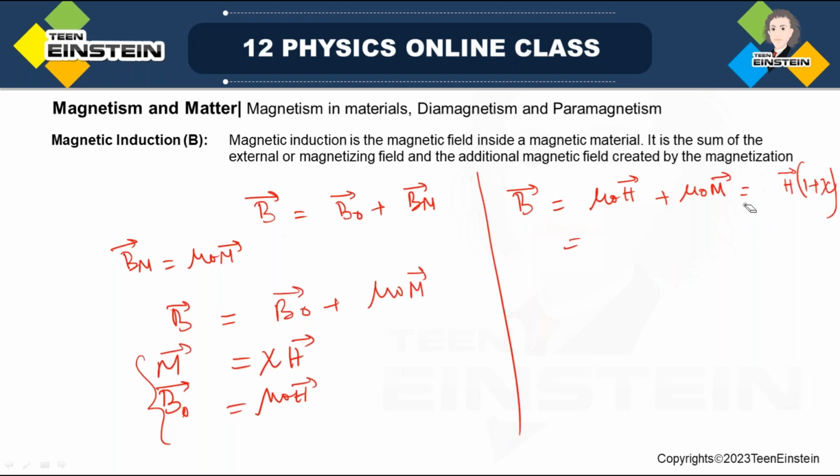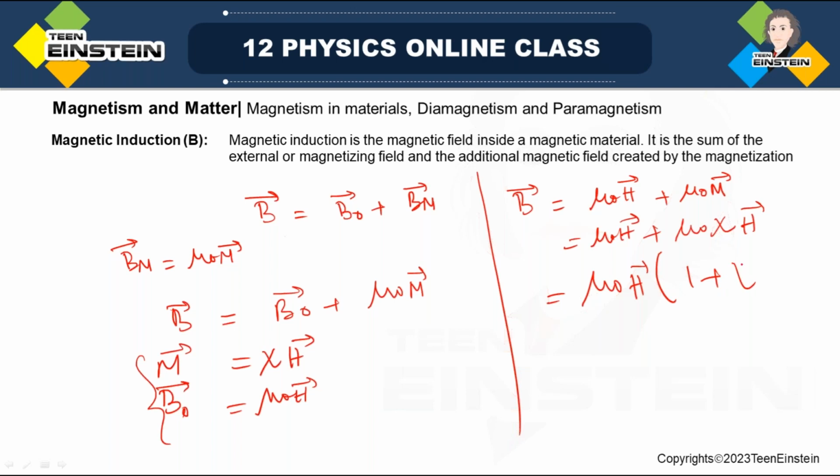So, I'll write one more line here: mu0 H plus mu0 into chi into H. That means mu0 H into (1 plus chi). This 1 plus chi can be written as a quantity called relative permeability, denoted by mu r.